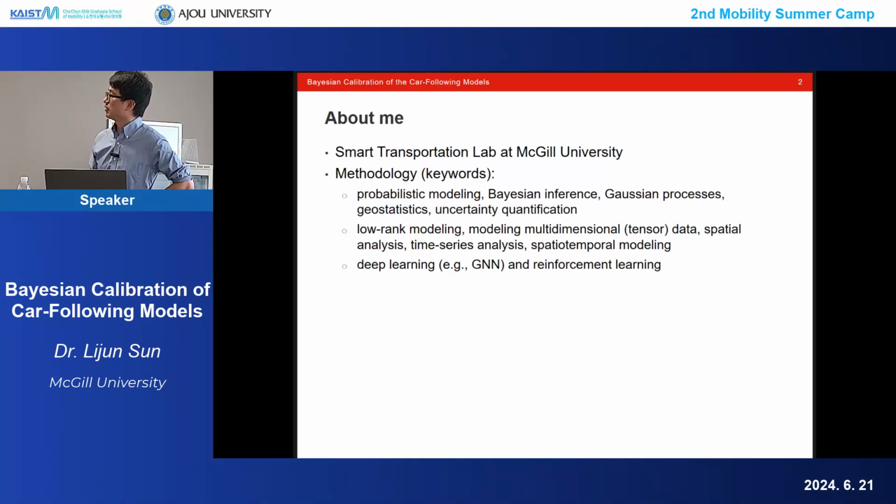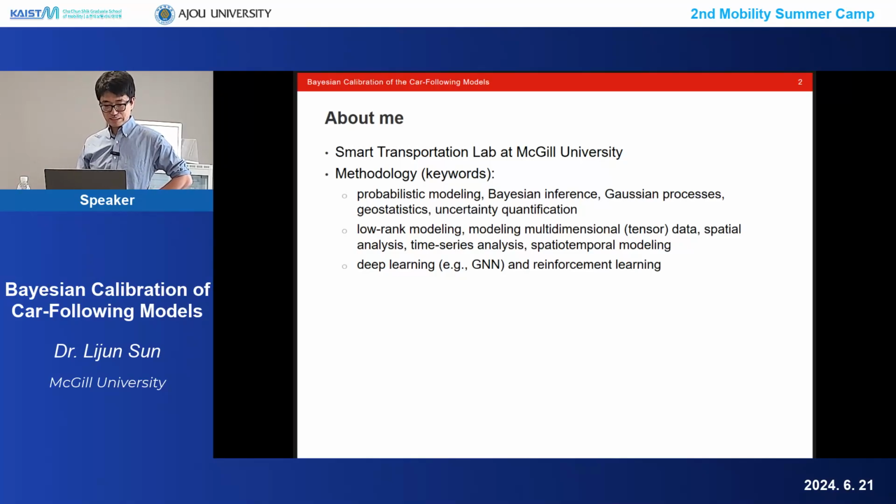On this aspect, we work a lot on probabilistic modeling, Bayesian inference, Gaussian processes, and uncertainty quantification. We also work a lot on deep learning models, tensor decomposition, time series analysis, and so forth.